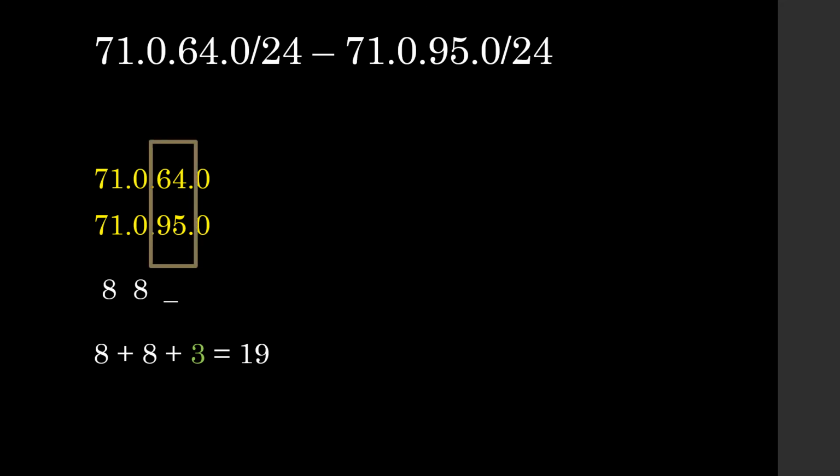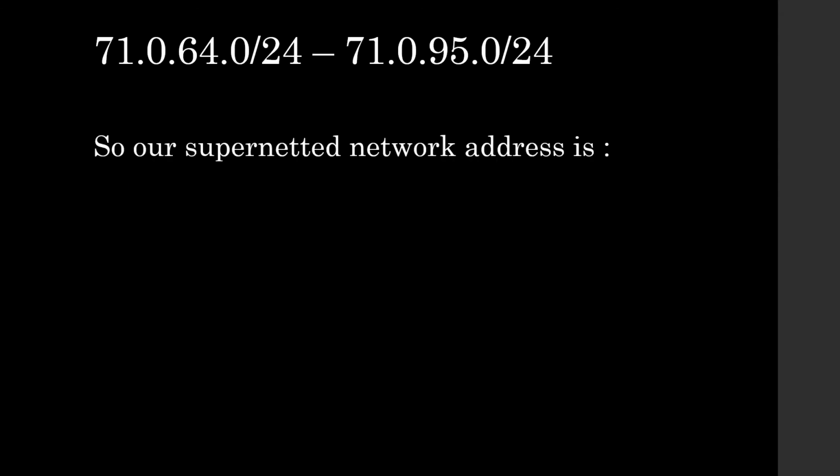Because the number 32 is the third number from the left, so we have to add 3, which yielded 19. So our supernetted network address is 71.0.64.0/19. That's it.